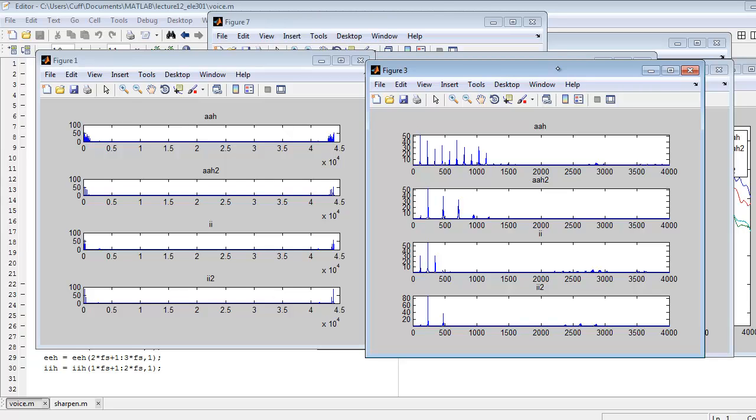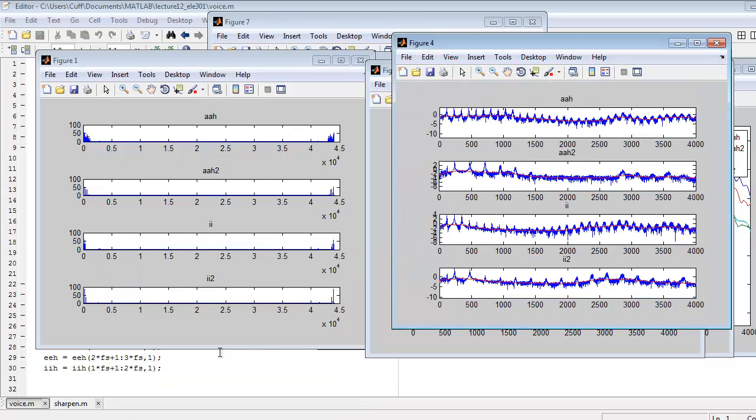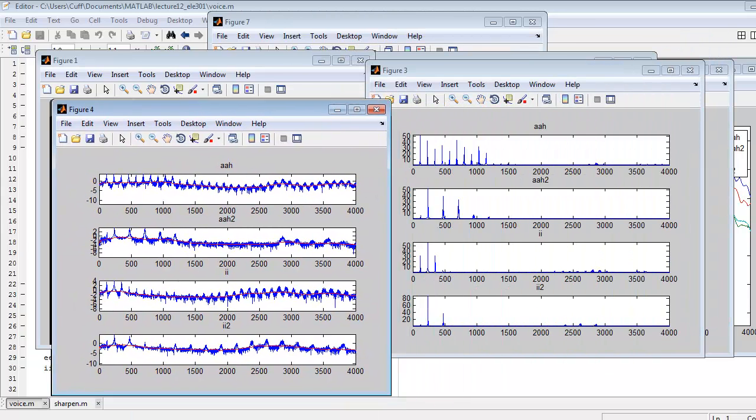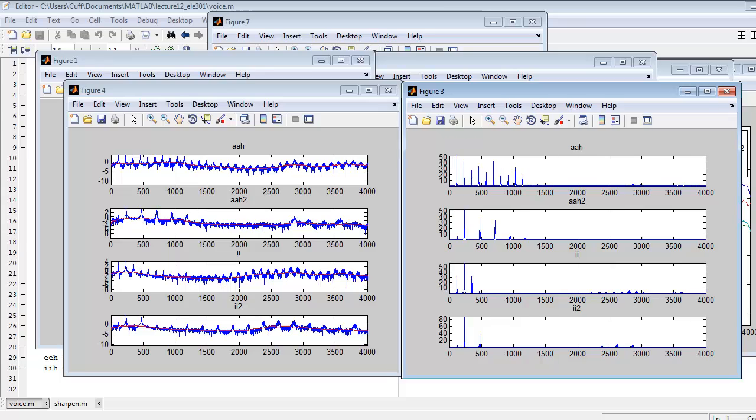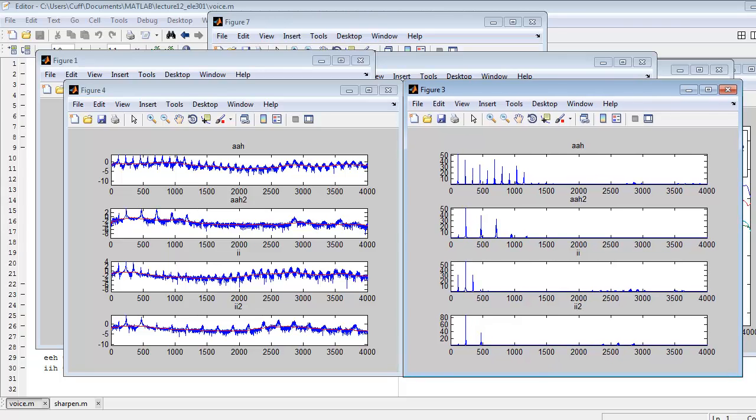So let's look at this a little more carefully. I have another plot. Now what I've done is the same thing, but I'm looking at the log magnitude rather than the magnitude. In other words, I'm just taking the log of the vertical axis, and I get these.